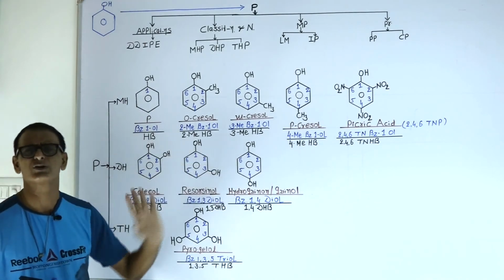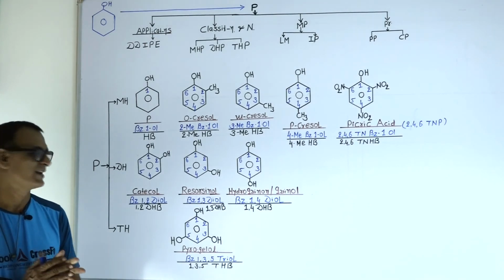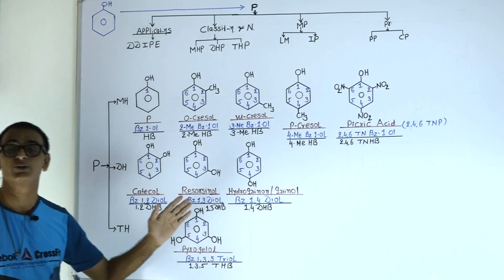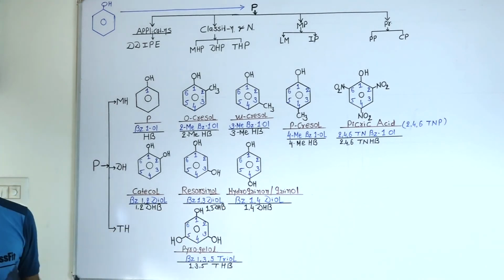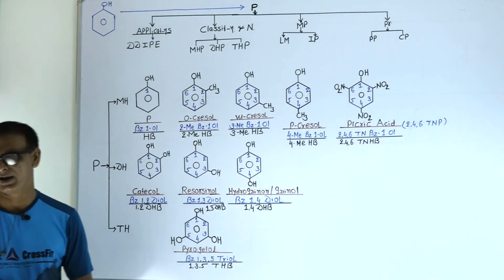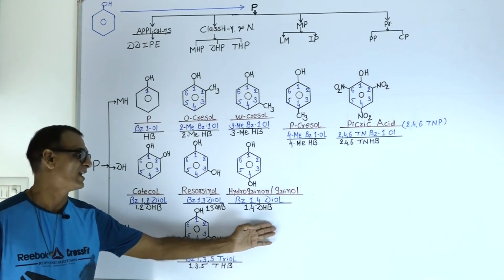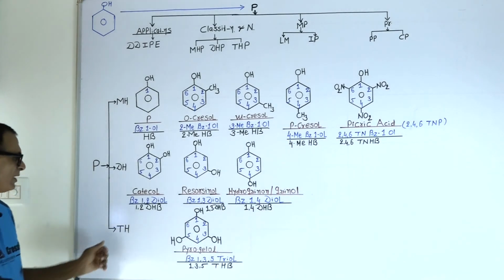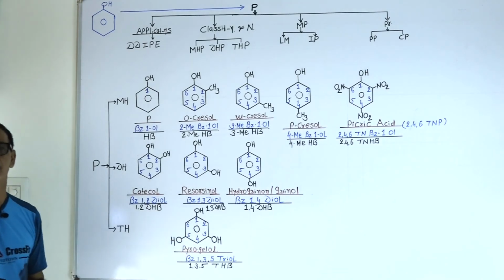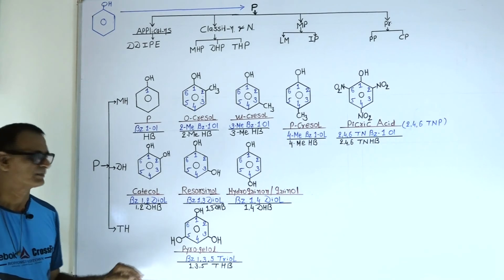If both OH groups are present on the para position, the commercial name is hydroquinone, otherwise you can say quinol. The IUPAC name is benz-1,4-diol, otherwise 1,4-dihydroxybenzene.